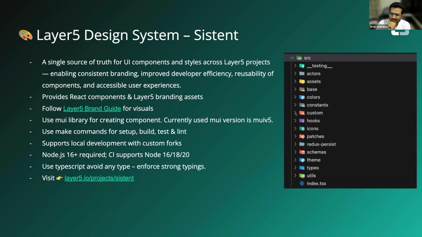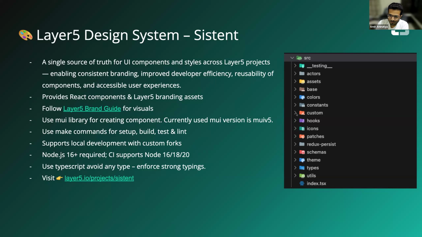And in the custom directory, we have a lot of our custom code written. It is a really long directory, and we have a lot of custom components, like the data table. Suppose we have some layout for the tables, and all of our consumers will see the same table structure.